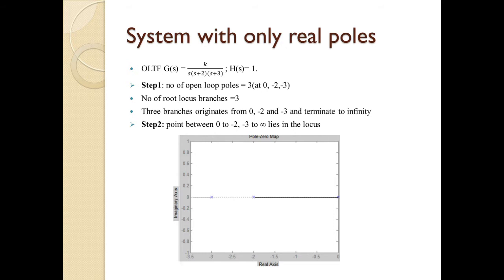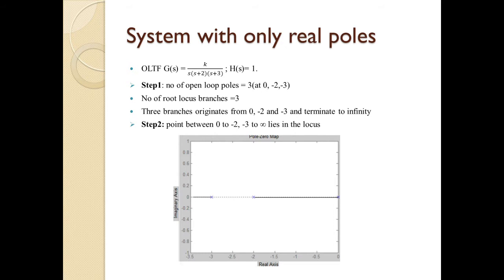Now, the root locus is symmetrical about the real axis and the number of branches is equal to the order of the characteristic polynomial, that is, the number of poles of the open loop transfer function. So, here the number of root locus branches will be 3.